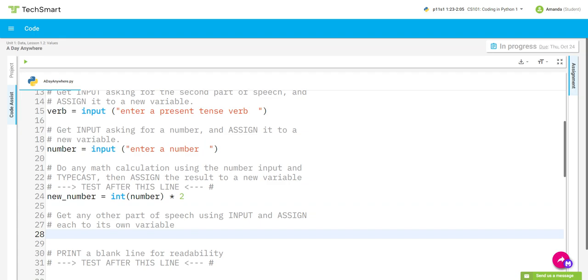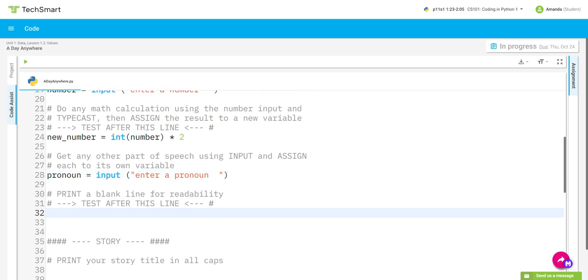I'm going to say pronoun equals input. Have no idea how I'm going to use these yet, but we'll find out. Enter a pronoun. And that's like person, like he, she, they. That's pronoun. And then enter a blank line.